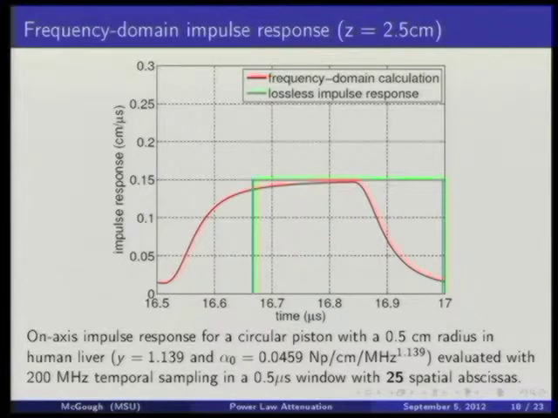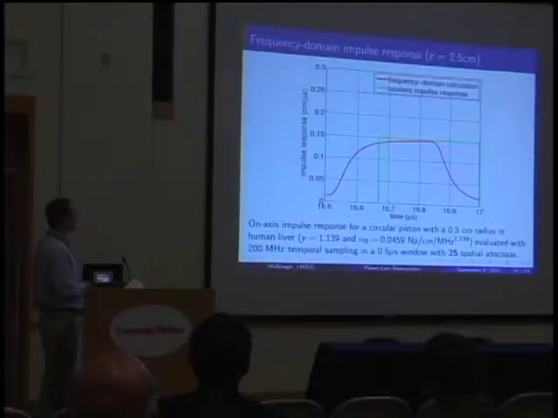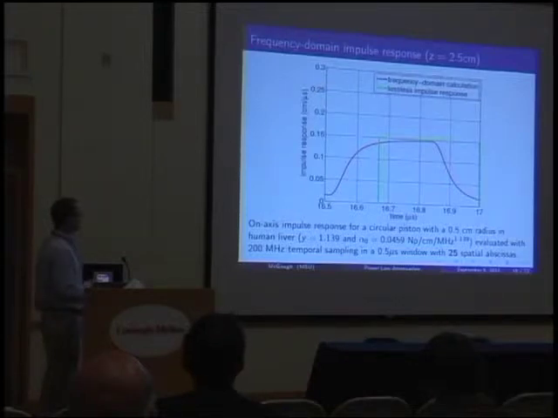We see that the lossy impulse response is actually advanced. It arrives earlier than the lossless impulse response and then continues on. One of the problems, though, is that due to this heavy tail, the frequency domain aliasing, we erroneously get a non-zero result for the lossy impulse response at these early times here.